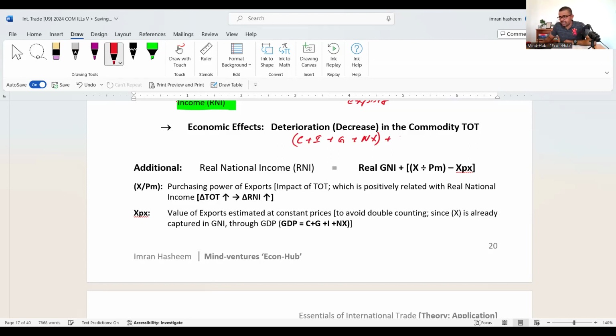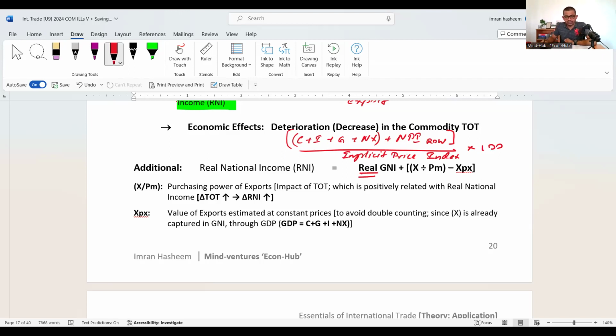Then to this, we add NPI from the rest of the world. This is called nominal GNI. You take this value, divide by the implicit price index, multiply with the base year, and this converts into real GNI. That's how you get to real GNI.